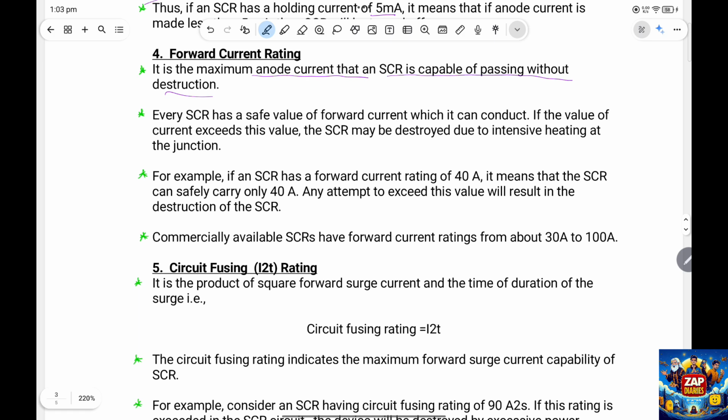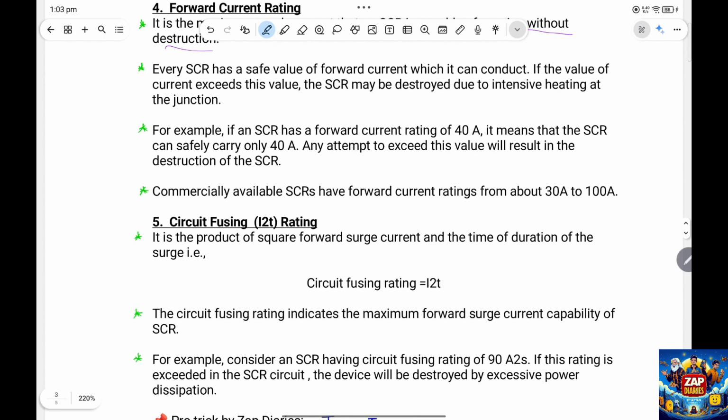And every SCR has a safe value of forward current at which it can conduct. If the current exceeds this value, the SCR is going to be destroyed due to intensive heating of its junctions. For example, if an SCR has a forward current rating of 40 amps, it means the SCR can safely carry only up to 40 amps.